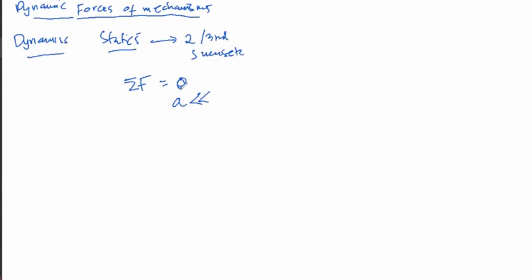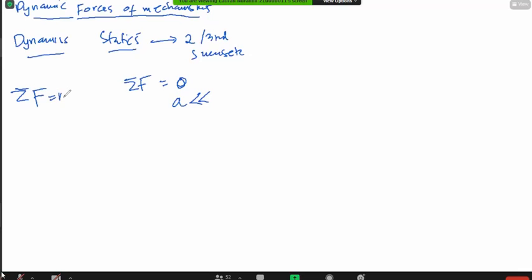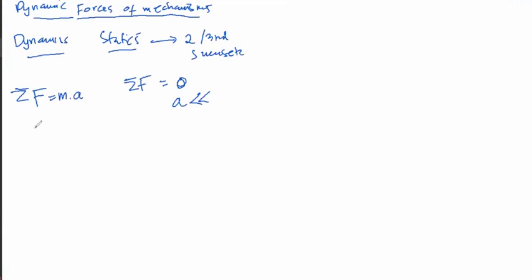And here in dynamics, we are using the second law of Newton. You remember in rigid body analysis, there are three methods to solve dynamic forces. The first one is by using the second law of Newton, sigma F equal to m times a. The second is by using energy, T1 plus V1 equal to T2 plus V2.